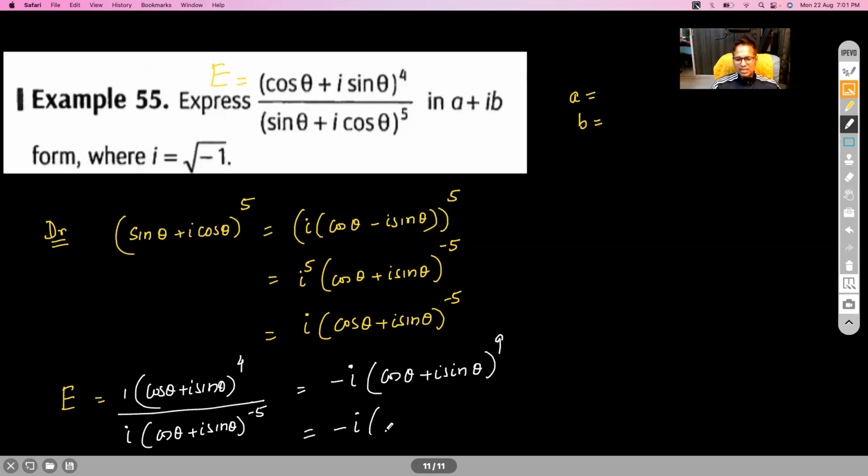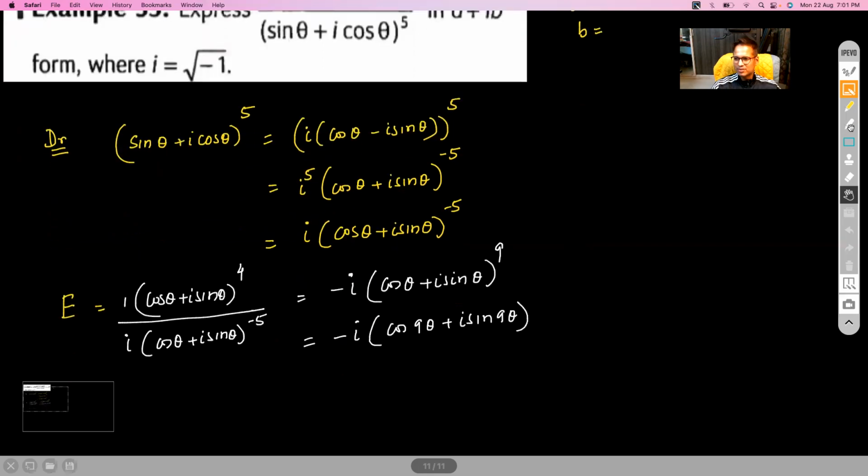Now, if I apply de Moivre's theorem on this, this is how it is going to look. Now, opening the bracket, it will become minus i squared, and minus i squared is plus 1.